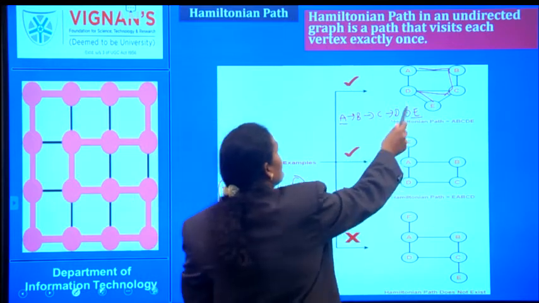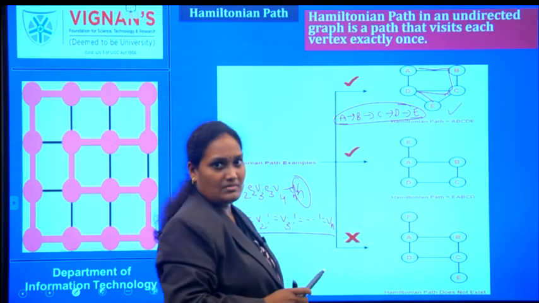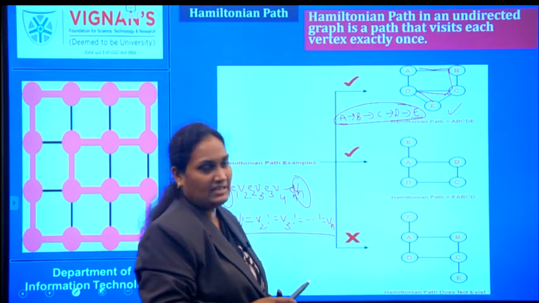So this becomes a Hamiltonian path for the given graph.